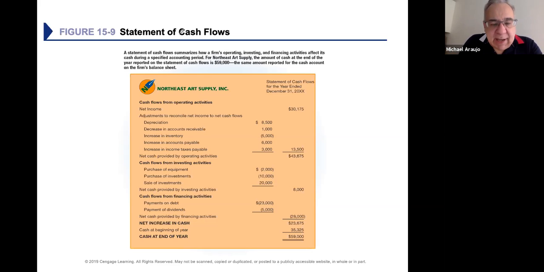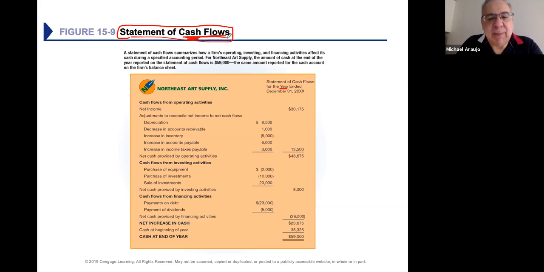This particular statement here, the statement of cash flow, is a very specific statement dealing with what happened that period. In this case, this is the year. What happened that period in terms of where did they get their cash and where did the cash go?